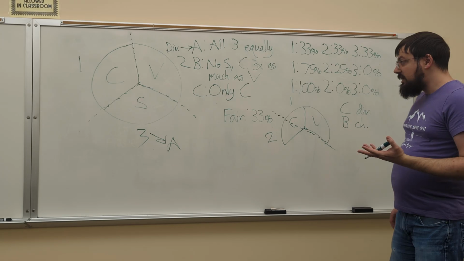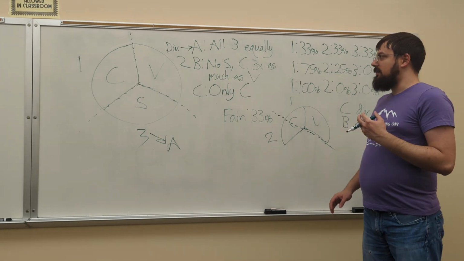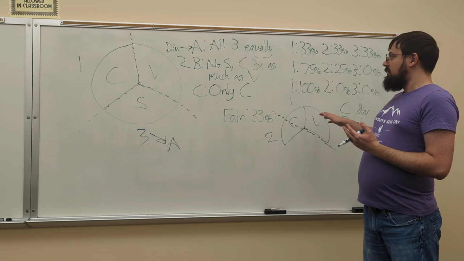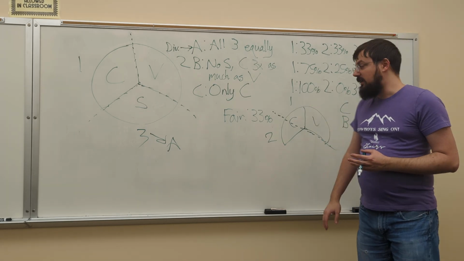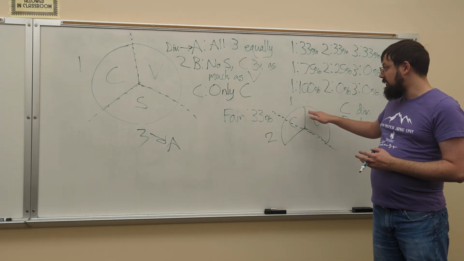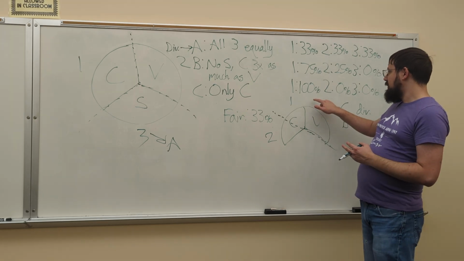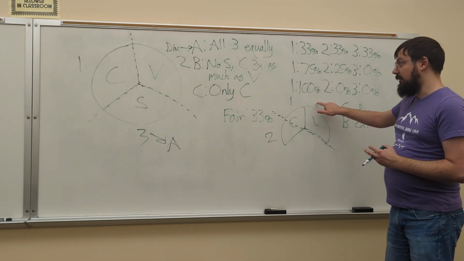Now, player B likes both chocolate and vanilla, although chocolate 3 times as much as vanilla. Since these two have equal amounts of chocolate and this one has this big vanilla piece versus nothing over here, player B is going to prefer this part.